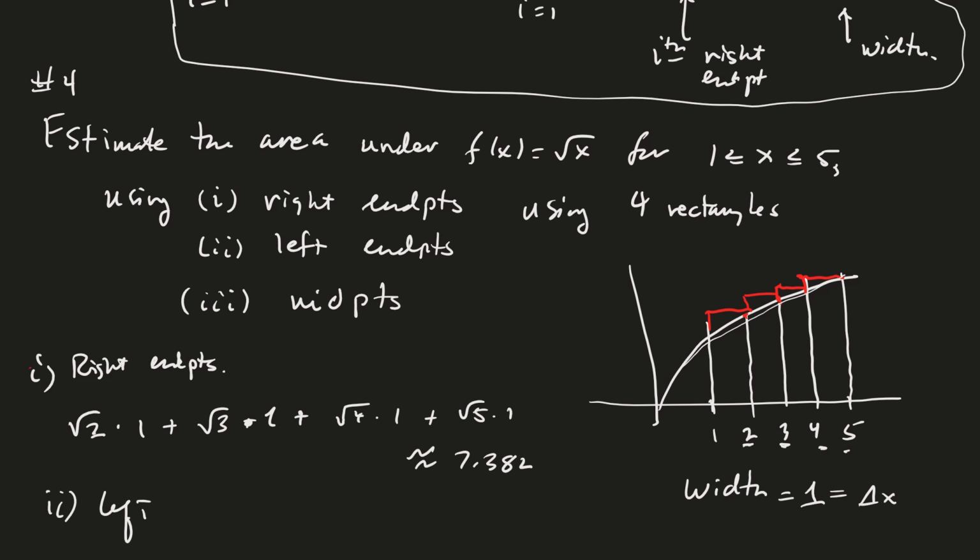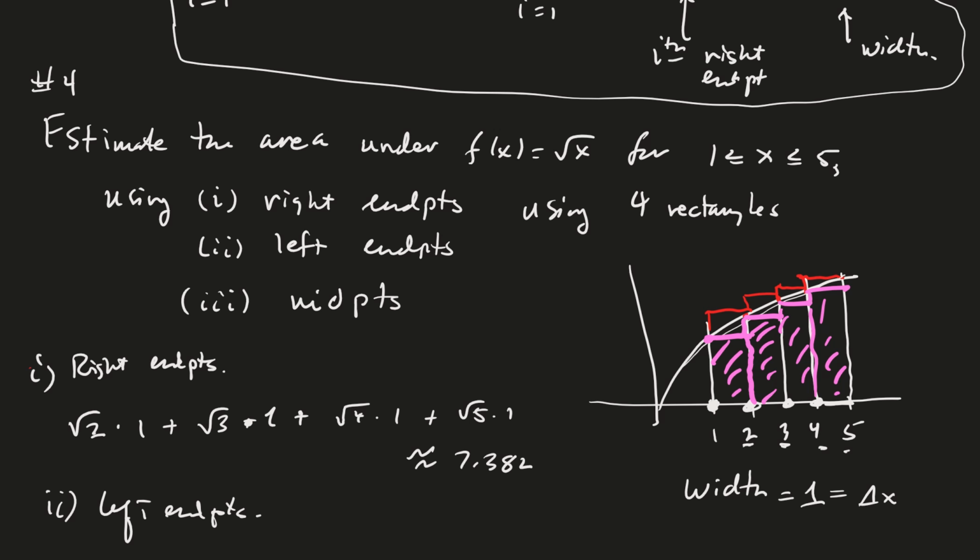Left endpoints. What are the left endpoints for the 4 rectangles? Well, it's going to be 1, 2, 3, 4, and then that's the last one. And so the heights for those, let me draw those in purple. This rectangle will be this high now. Then this one is going to be the second one I use, this one's going to be the third, and this one will be the fourth.